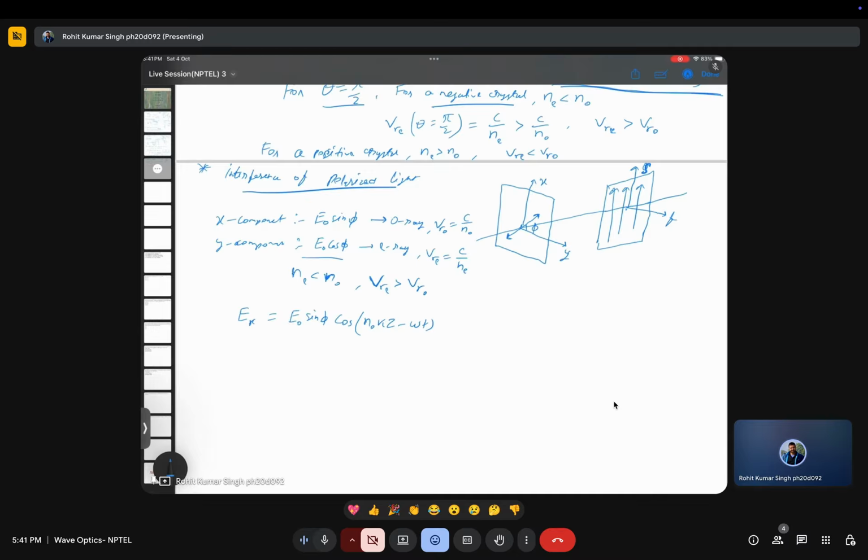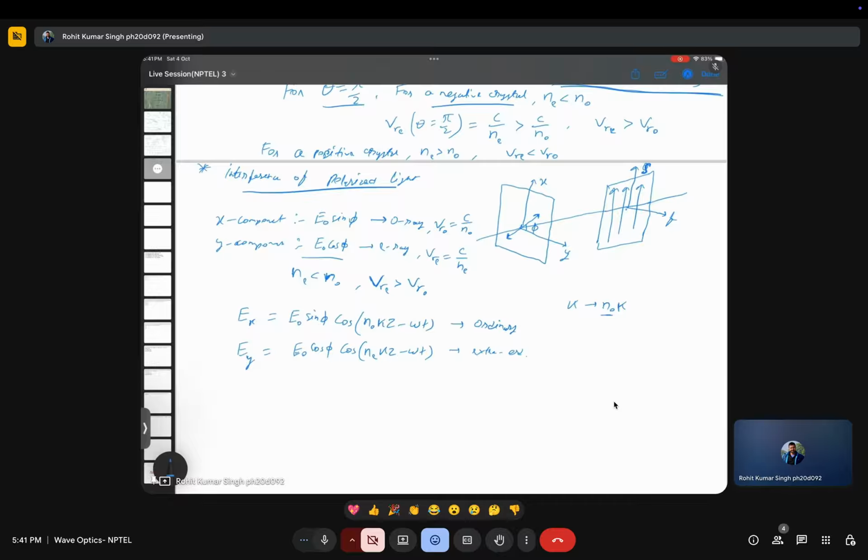Here instead of k, we have written n naught k, which is the refractive index gets multiplied, right? So this is your ordinary one, and the extraordinary one, which is in the y direction, is your E naught cos phi and cos of, here Ne will be there, right? This is your extraordinary one.